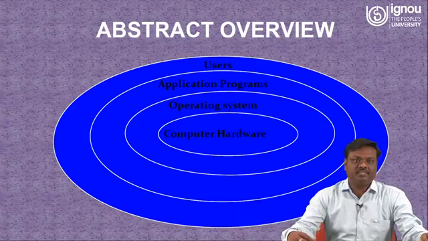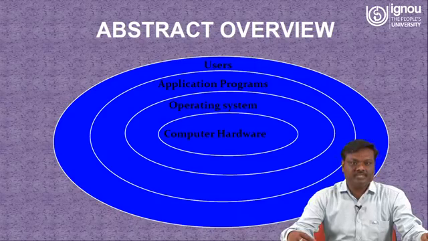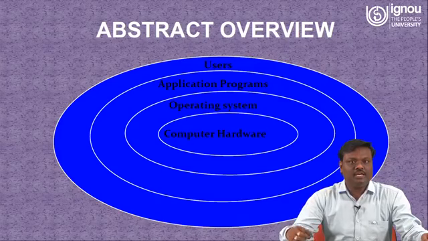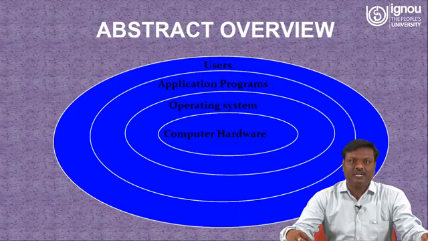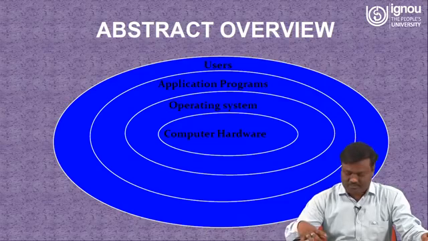In the next layers, operating system, application programs, and users. Normally, users interact with the application programs. Also, they may give commands directly to the operating system, and the operating system alerts the computer hardware, and then whatever command is given, it will fulfill the requirements.